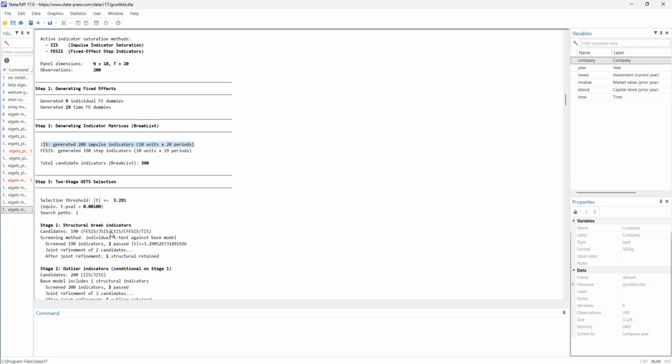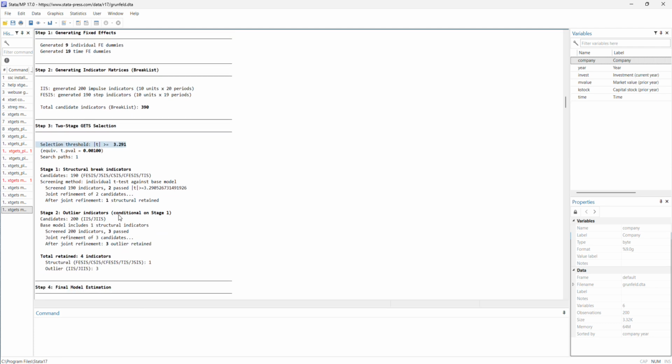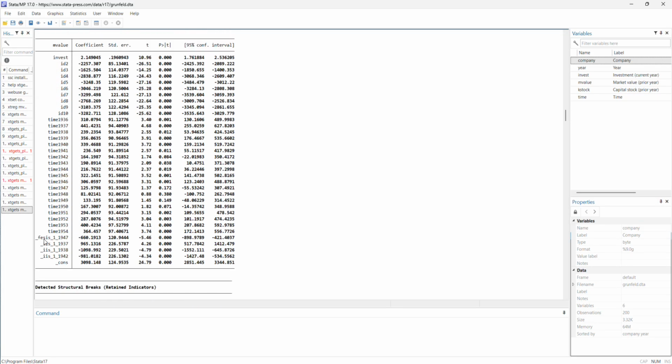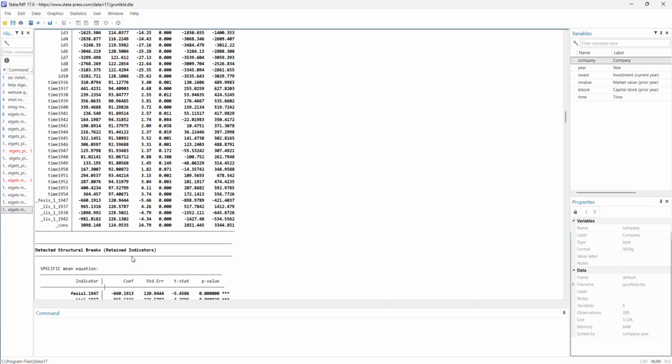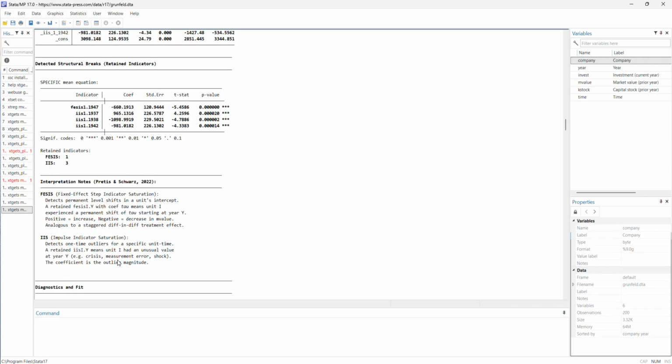When you estimate it, it uses the same threshold value. This is the background calculation, and then it shows the cross section and time, and it includes one FESIS and three IIS. It shows country 1, 1937, country 1, 1938, country 1, 1942. So it retained these four total breaks. FESIS we already discussed.